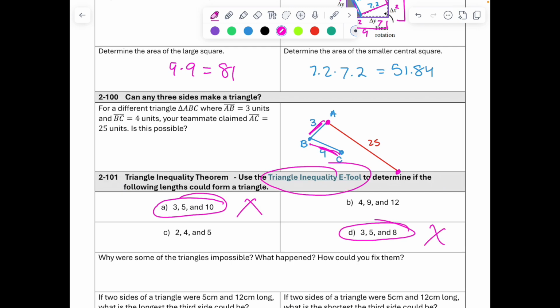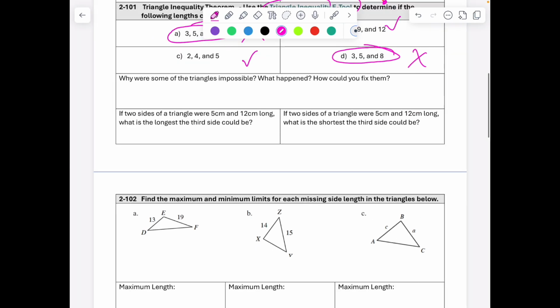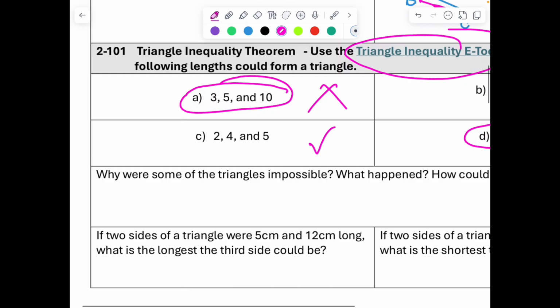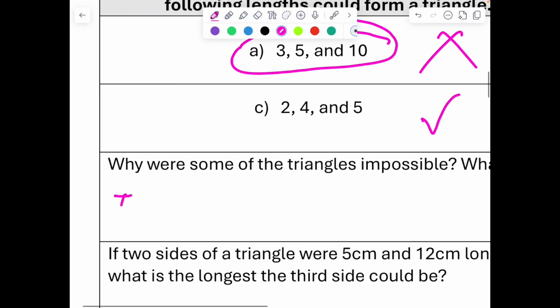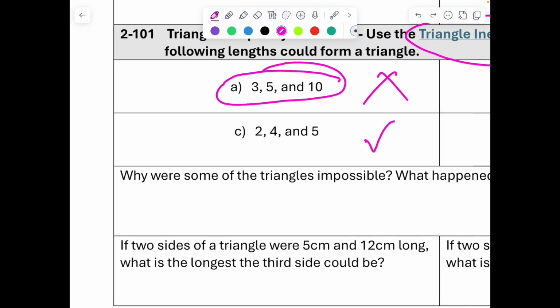Okay, so it usually means that one of the sides is too long or too short. So the triangle inequality theorem, I guess let's put that right here. Triangle inequality theorem.